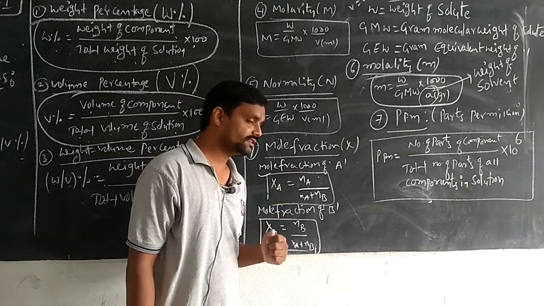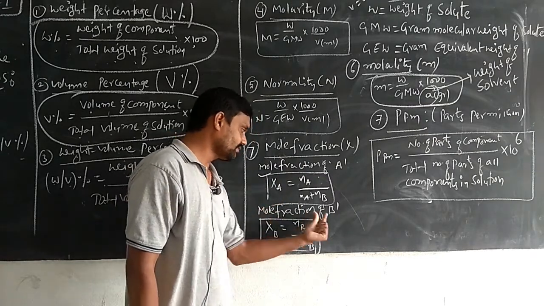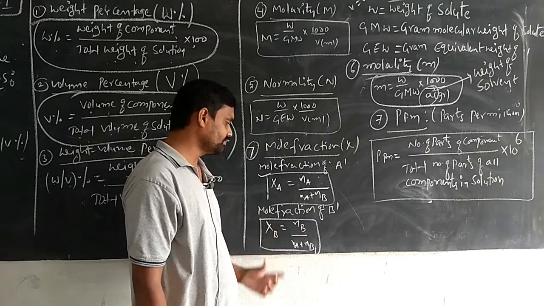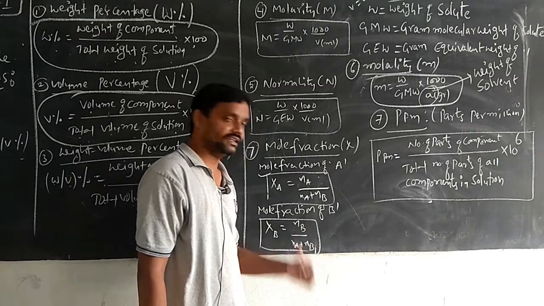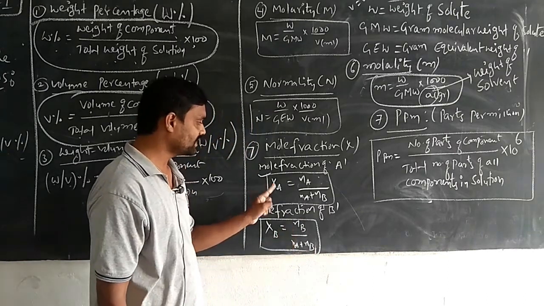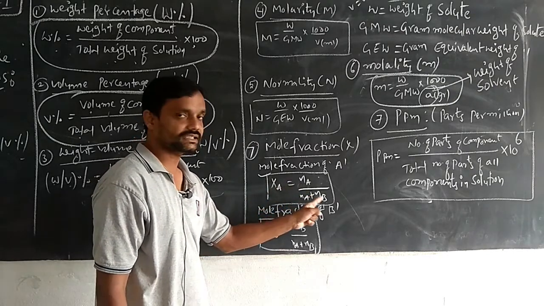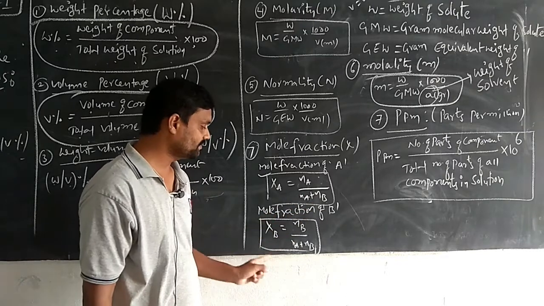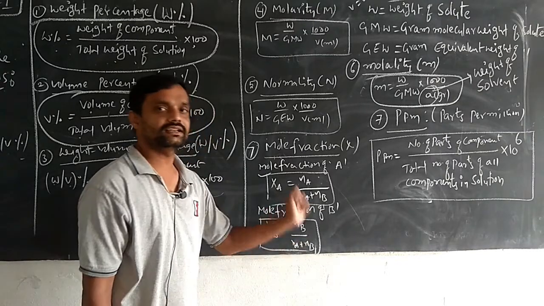Similarly, in the solution, the mole fraction of the second component, B, is equal to Nb by Na plus Nb. Here the only change is the numerator value. Mole fraction of A is Na by Na plus Nb, and mole fraction of B is Nb by Na plus Nb.